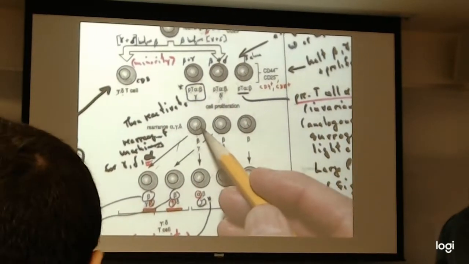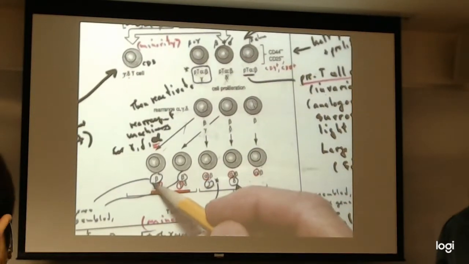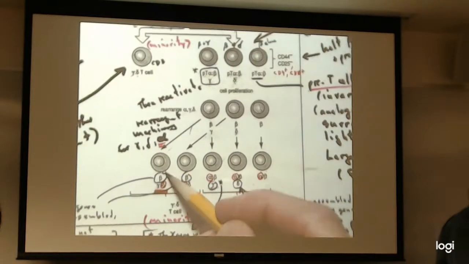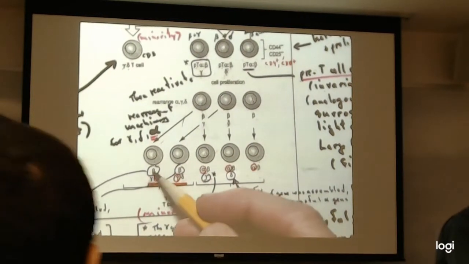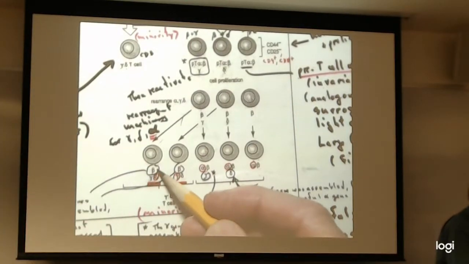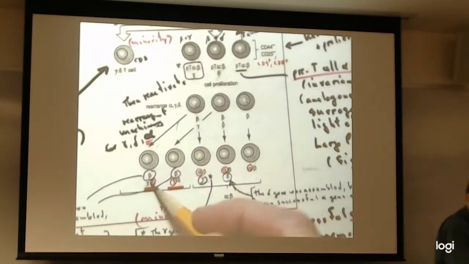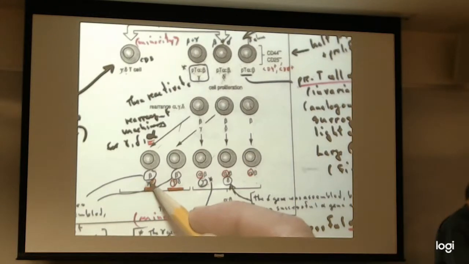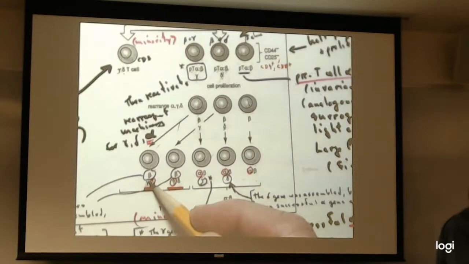If this cell then succeeds in making a delta chain before it makes an alpha chain, it will become a gamma delta T cell that happens to have a functioning gene to make a TCR beta chain, but it will not make that protein. It's just a gamma delta T cell that has in it an assembled gene for a TCR beta chain protein.